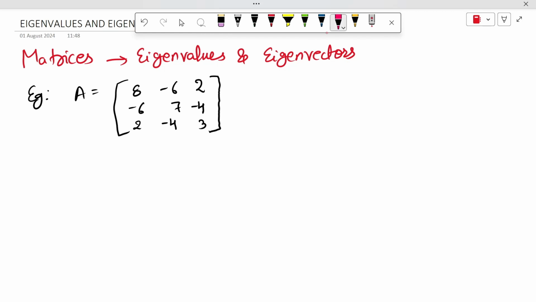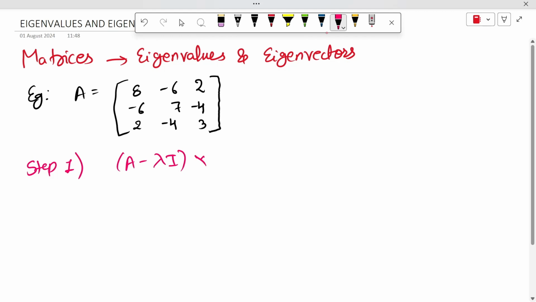So first step is step 1. First of all, this eigenvalue can be found by (A minus lambda I) into x is equal to 0.